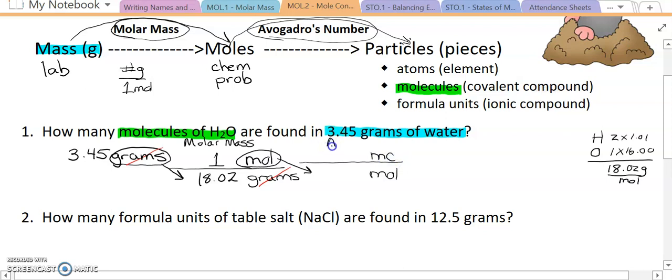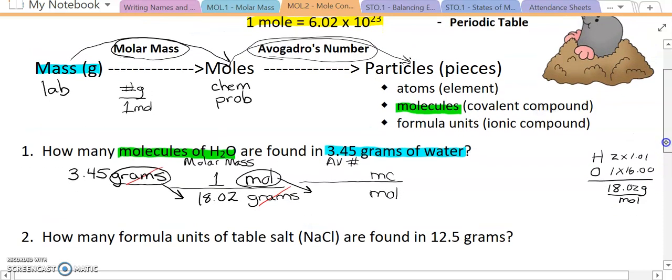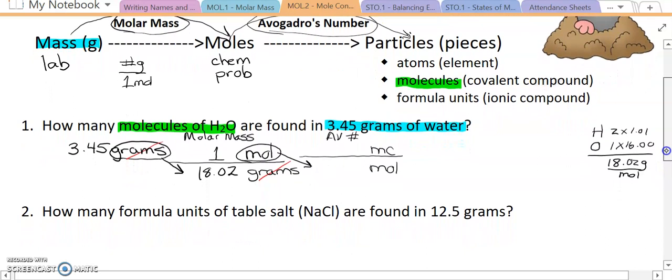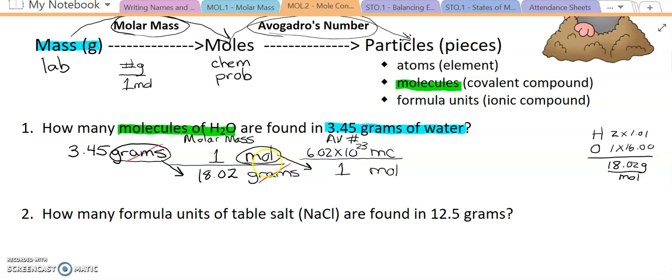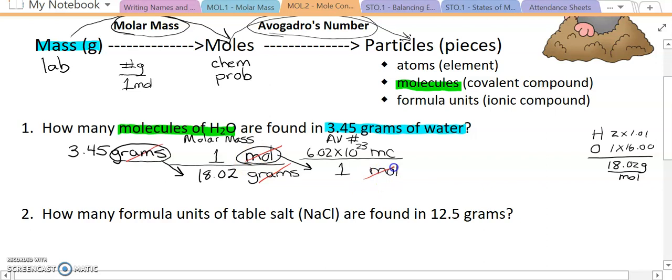This is going to be Avogadro's number. And Avogadro's number says that in 1 mole of anything, there are 6.02 times 10 to the 23rd. So in 1 mole, there are 6.02 times 10 to the 23rd. What that allows me to do then is that moles are going to cancel. And now I'm going to be at molecules, which is the unit I want, so now I can just calculate it out.